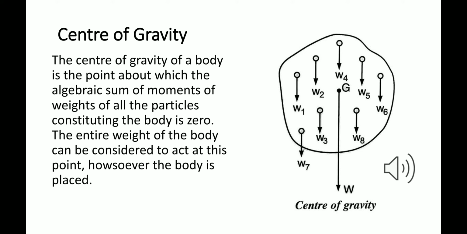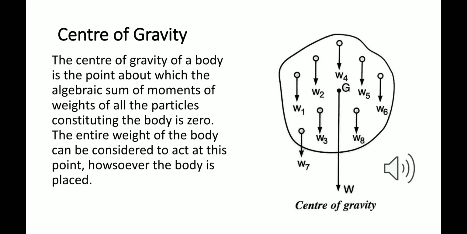Now, I consider that this irregular body is made up of particles. Obviously, it is made up of particles. The weight of each particle will be acting downwards. There will be a point at which all the moments for these particles will become 0. There will be a point in this body or maybe outside this body.